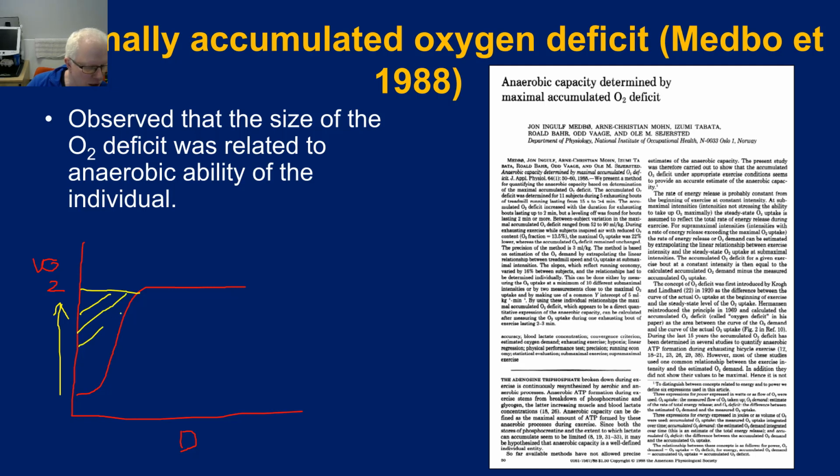And this zone here, which is the difference between the oxygen which is being consumed, which is my red line, and what should have been consumed had we had an instantaneous increase in oxygen to meet the instantaneous increase in ATP demand, must be coming from anaerobic metabolism. And that is termed the oxygen deficit.